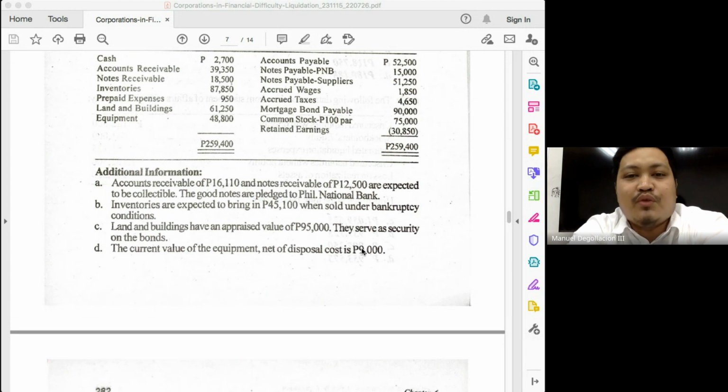Okay? You start with 103,750 and the one thing I want you to remember for your denominator class is to add or include the unsecured portion of your partially secured liabilities. Again, never forget in computing for the recovery rate to add the unsecured portion of your partially secured. Which one is partially secured here? The notes to PNB. It was 15,000 and the security is only 12,500.